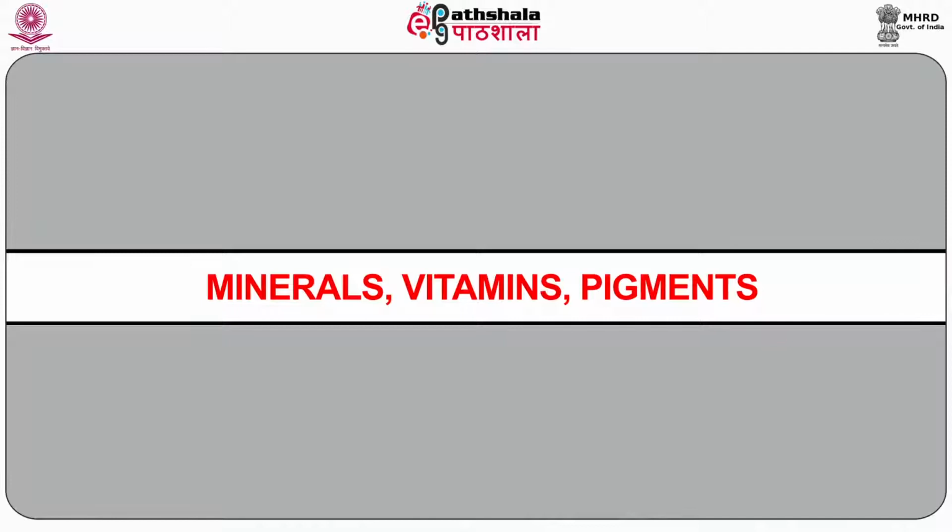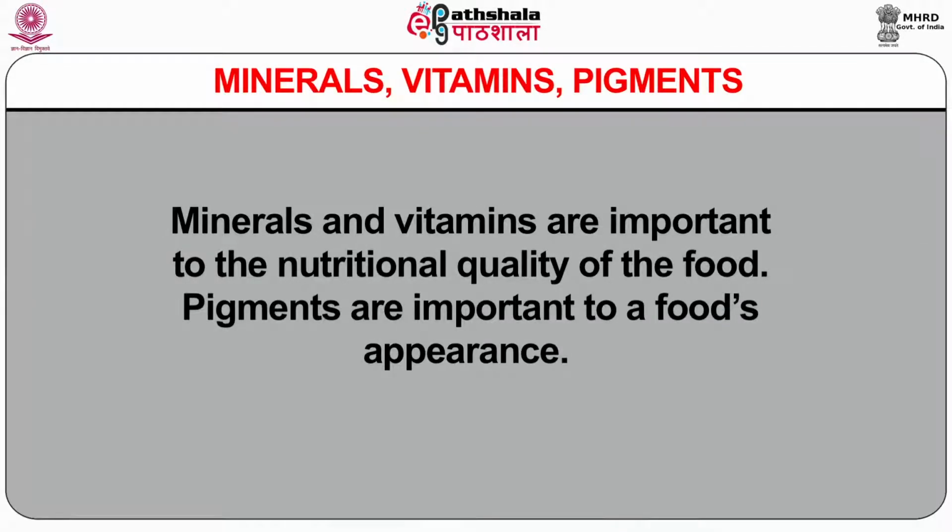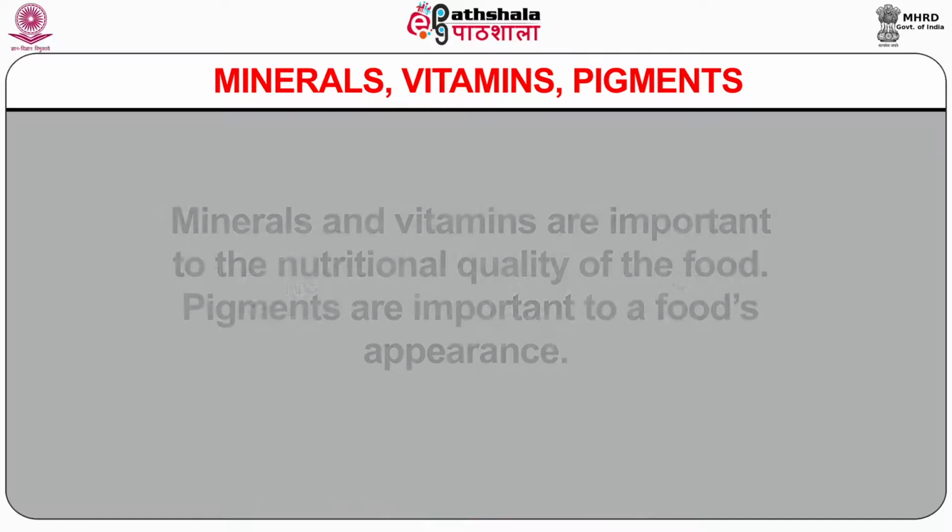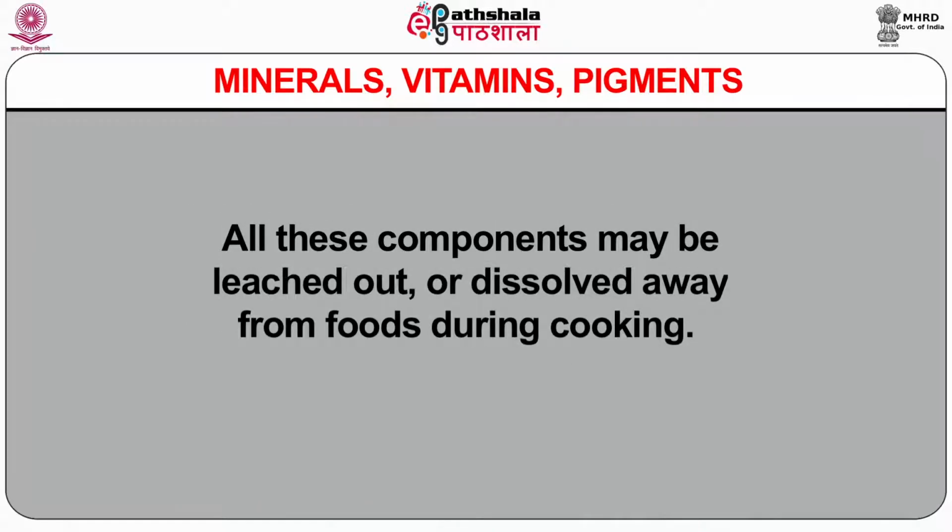Minerals, vitamins, pigments. Minerals and vitamins are important to the nutritional quality of the food. Pigments are important to a food's appearance. All these components may be leached out or dissolved away from foods during cooking.